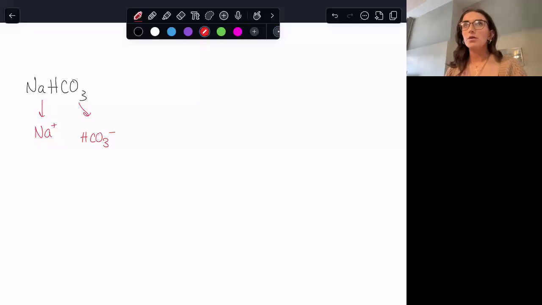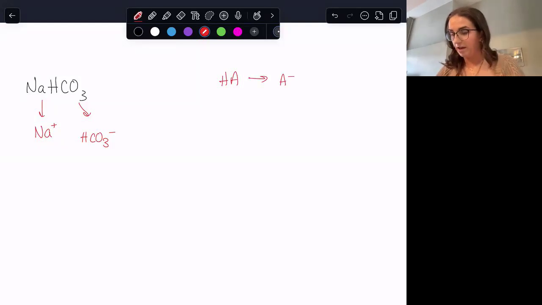If we compare conjugate acid to conjugate base, if we have an acid, our conjugate base is the minus sign.